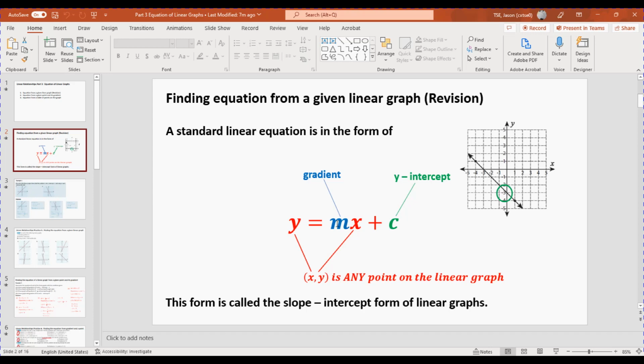The blue letter m is the gradient, and the whole equation can represent a straight line with xy being any point on the linear graph, and this is called the slope-intercept form.